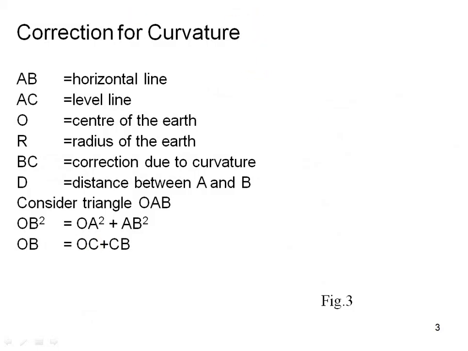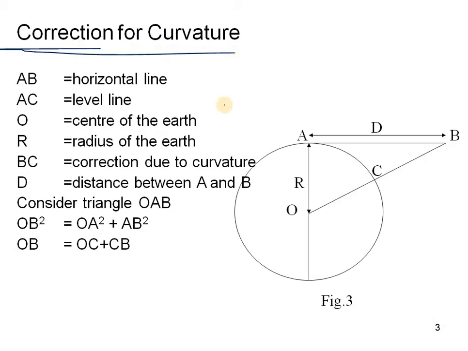Let us now see correction for curvature. What is correction for curvature? How do we correct this curvature? This circle represents our earth surface, and point O is the center of the earth.